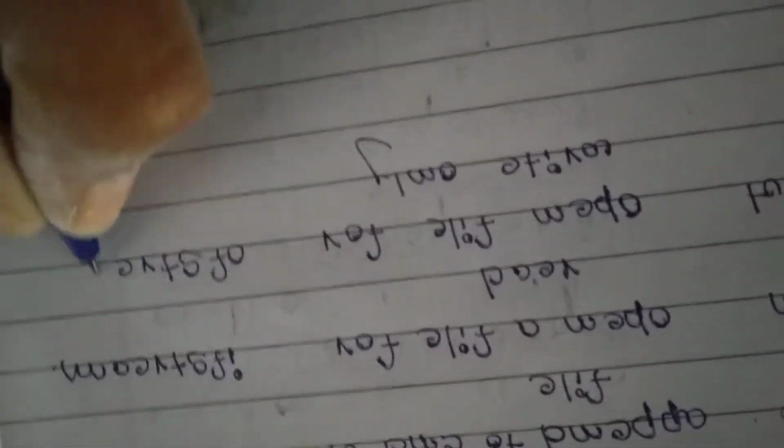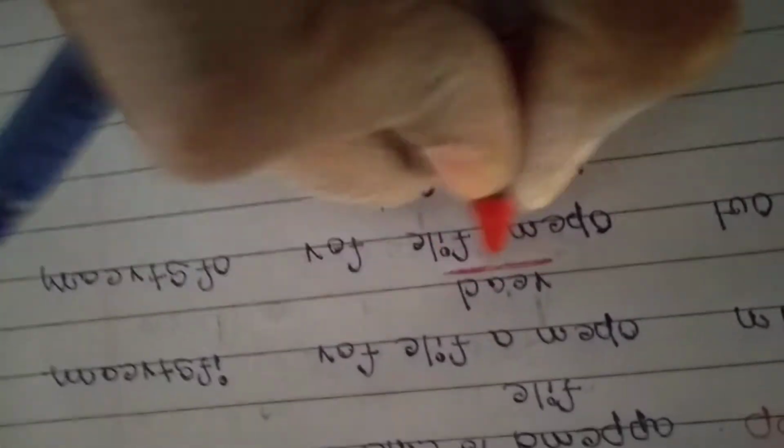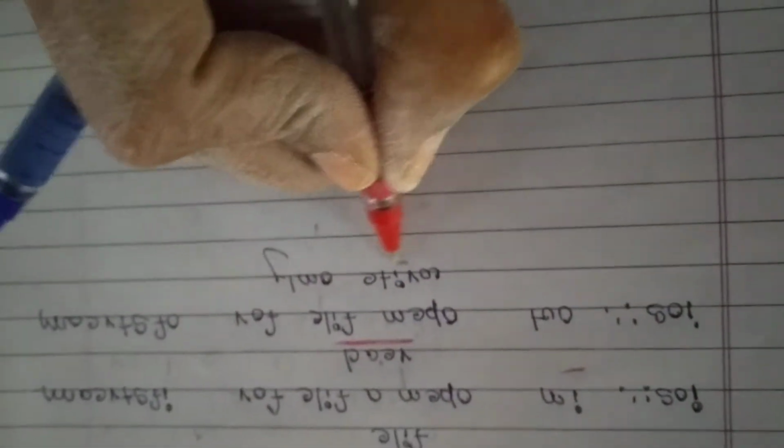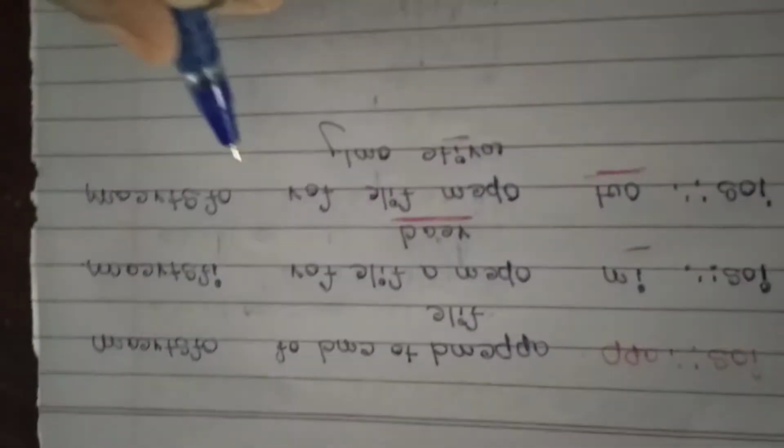In order to perform this, we will use a class called ofstream. Here I want to tell you one tip, students. Read means 'i' won't be there, but for its file mode 'i' will be there. Write means 'o' will be there, but in the file mode 'o' won't be there. It is a tip.